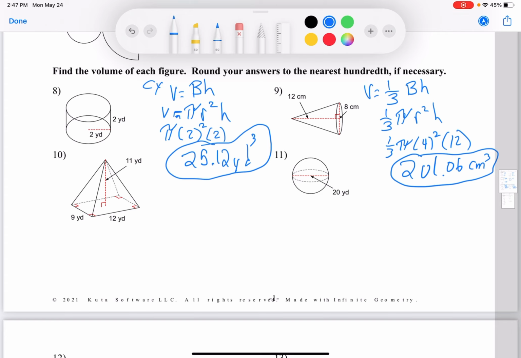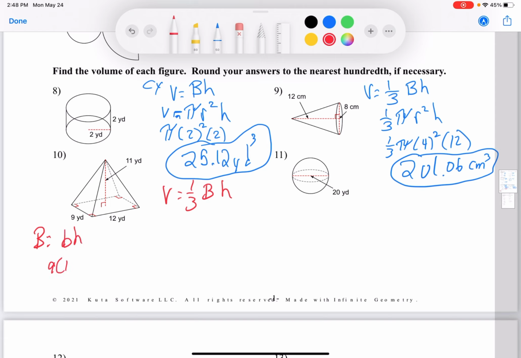Number 10, it's a pyramid. Formula-wise it's the same as a cone. Volume is 1/3 the area of the base times the height. But now the area of that base is going to change because it's not a circle. It's a rectangle, so the area of our base is base times height.